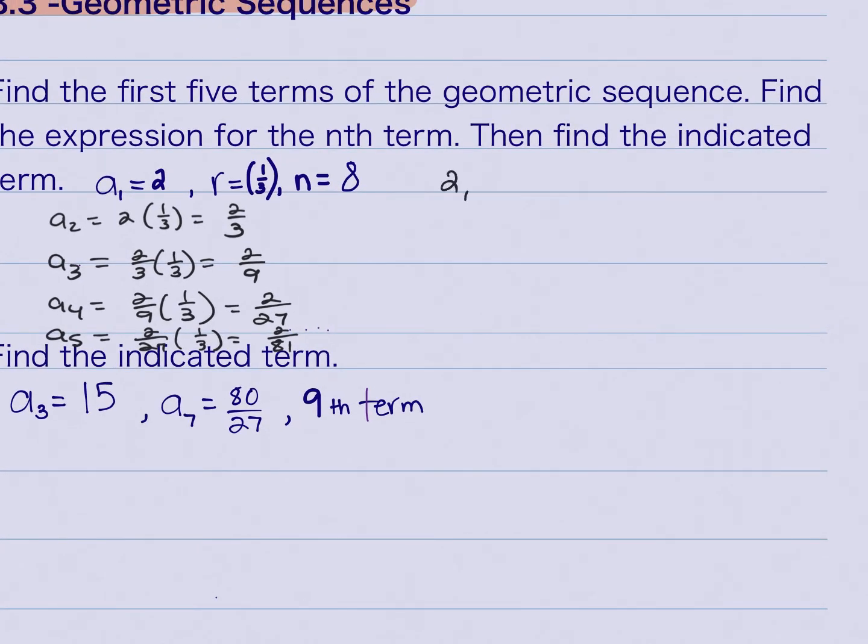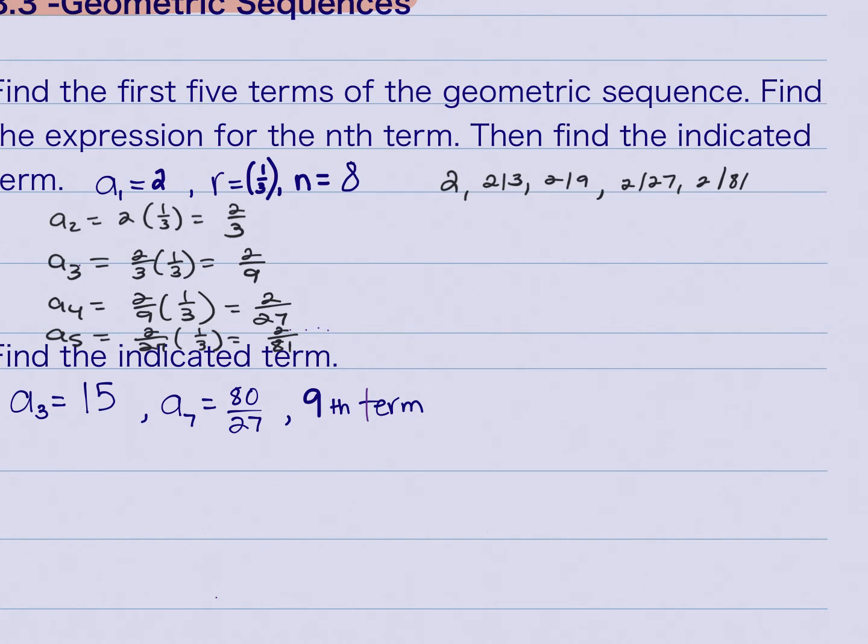So 2 is part of it. It would be 2, 2/3, 2/9, 2/27, 2/81. So a_2 is 2 times 1/3. You start with a_1 and then multiply it times 1/3.